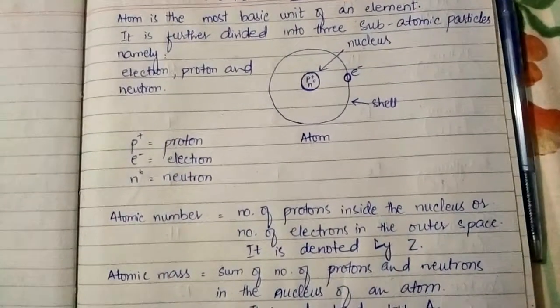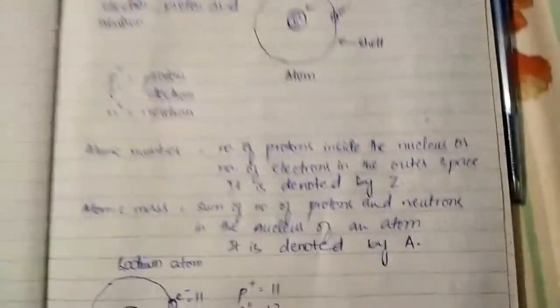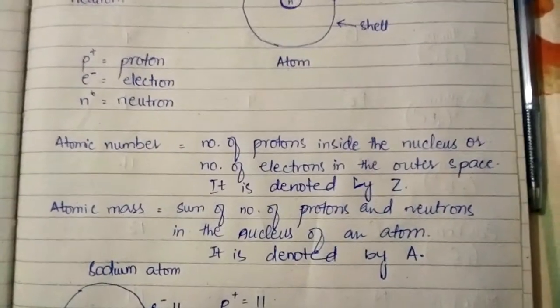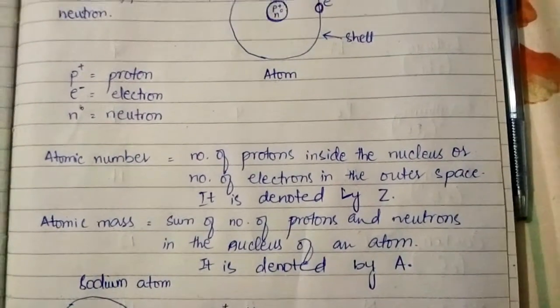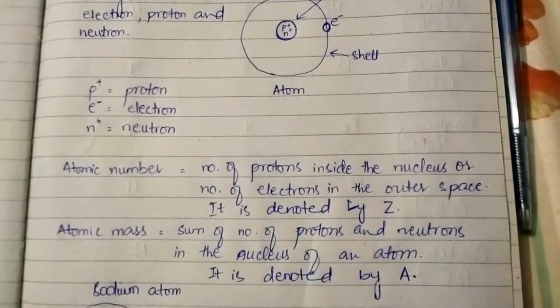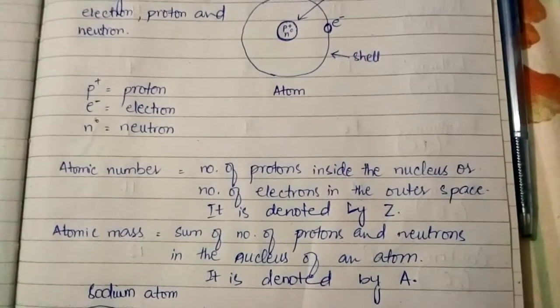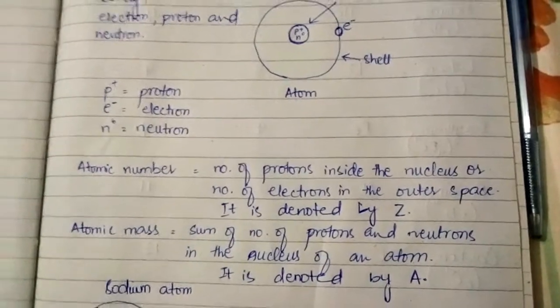Alright, so what are the atomic number and atomic masses? So atomic number basically means the number of protons inside the nucleus, right. जितने भी protons किसी भी atom के nucleus में होंगे वो उसका atomic number होगा.